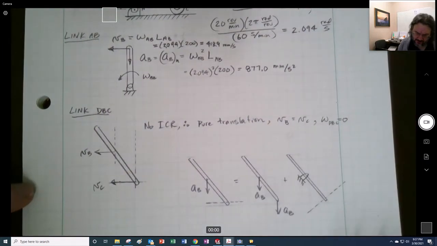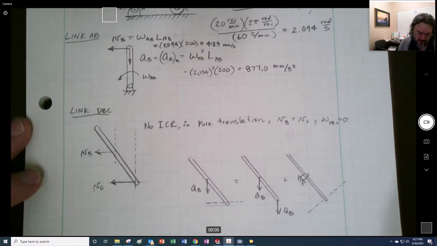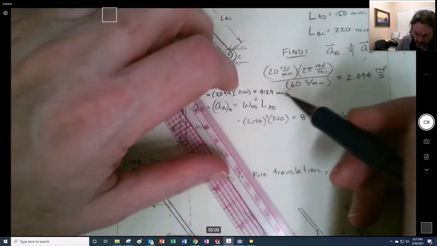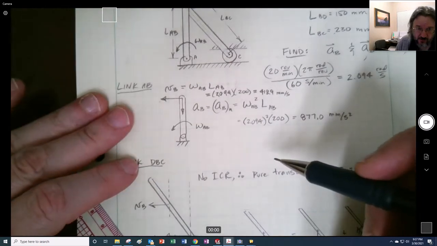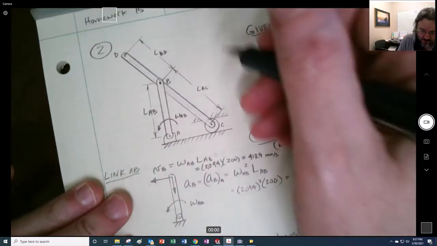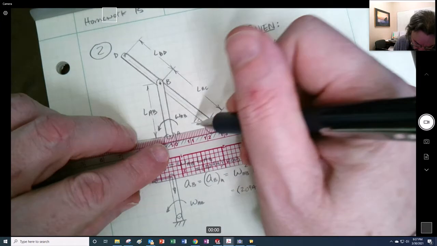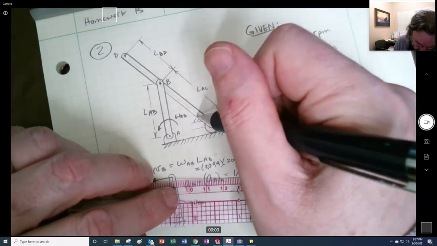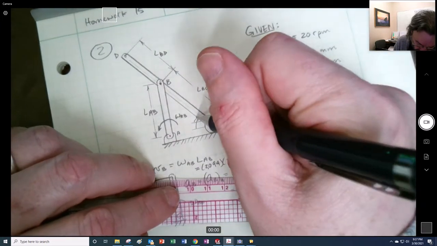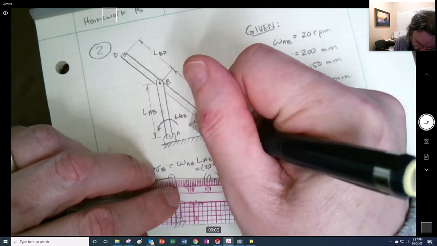Another thing I needed somewhere was some geometry. It would have been good to do that in the beginning, right up here. So let's put that up in here and say theta.